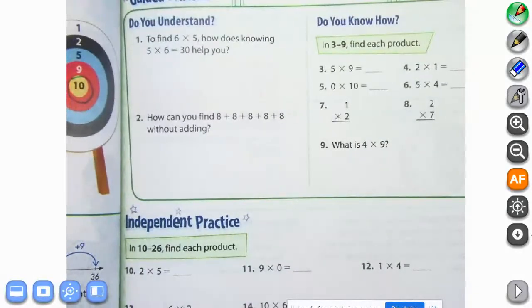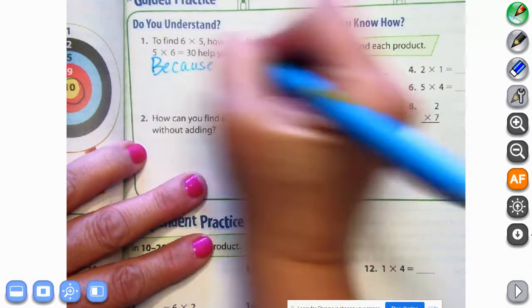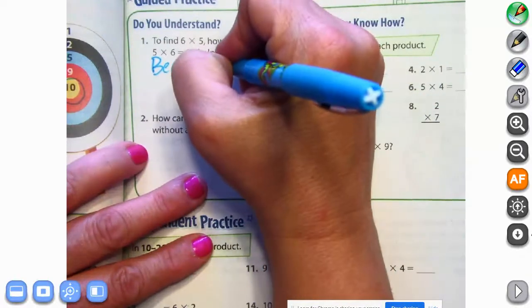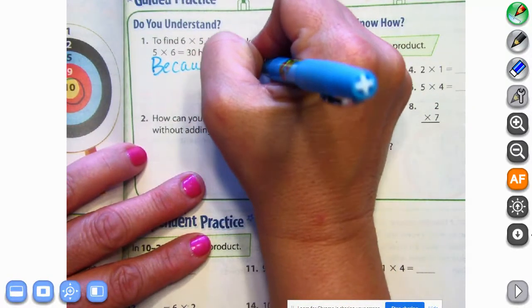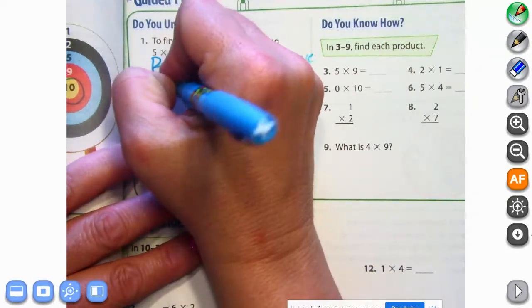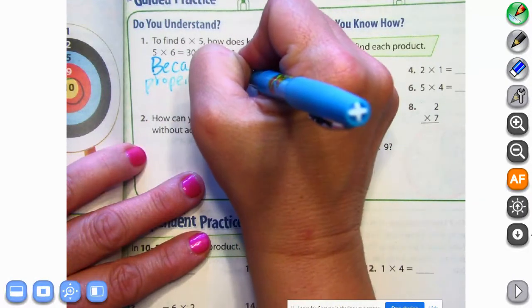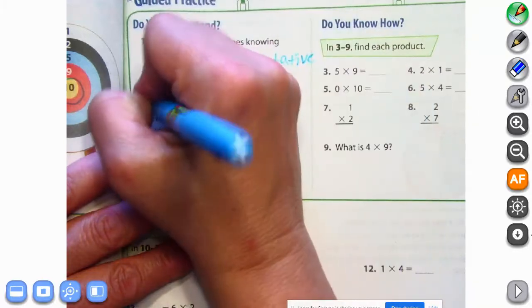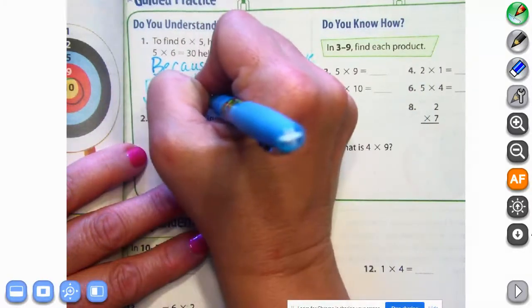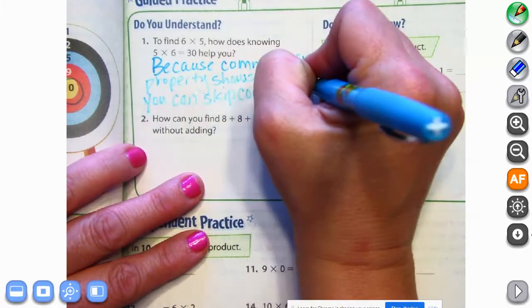Okay, so to find 6 times 5, how does knowing 5 times 6 equals 30 help you? Because commutative property would show you, and you can skip count by 5s.